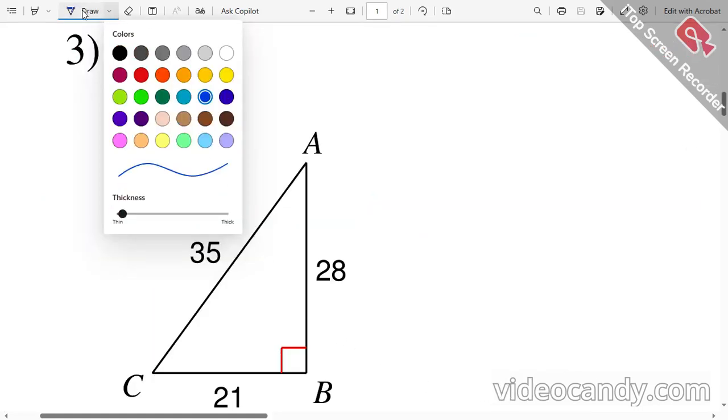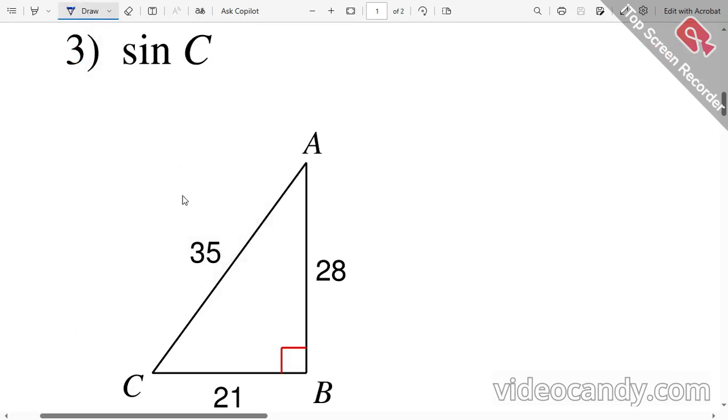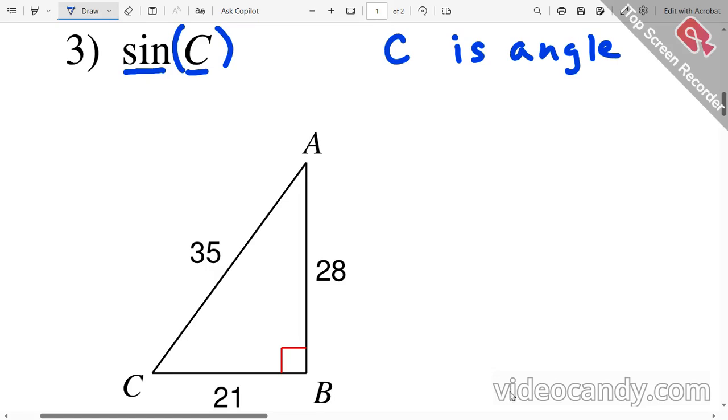All right, let's start with number 3. We're taking the sine of the angle C. So basically, C is the angle, because we're taking the sine of C. The first step is to go to that angle and label the sides.